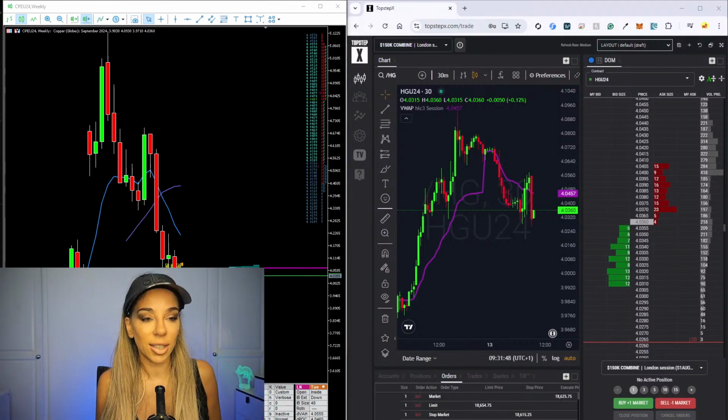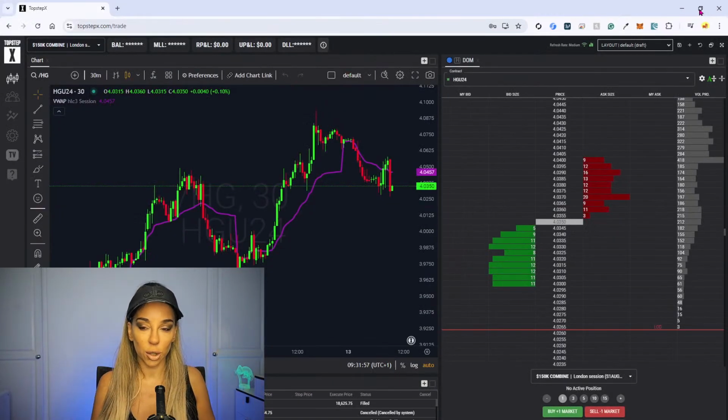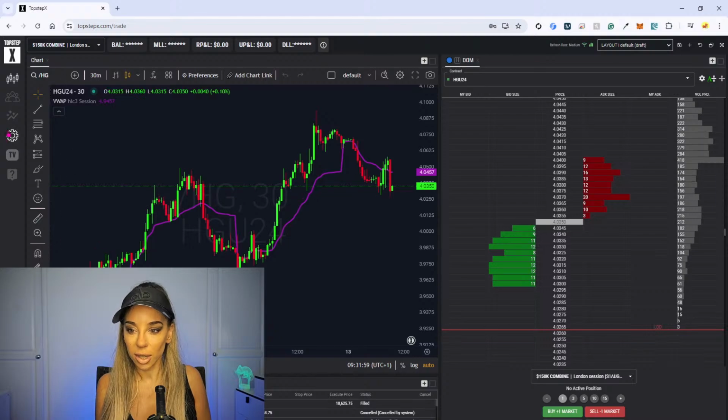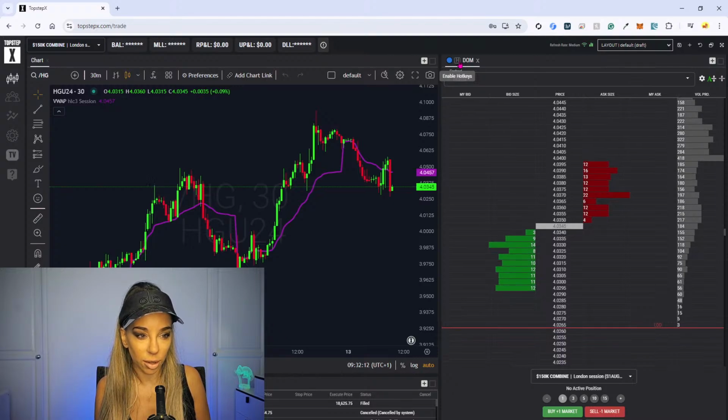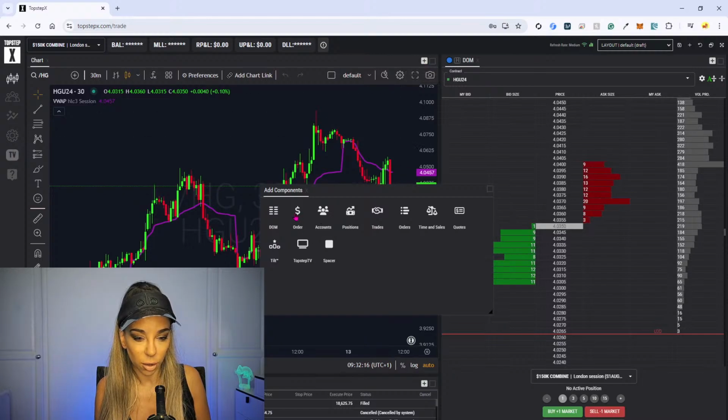All right, with that, let's go into some new features that we have on TopstepX. The big feature that they've just released is the hotkeys. So you would enable the hotkeys by pressing H on the DOM. Now, I don't know whether it also has that on the order tab, so let me just check that.